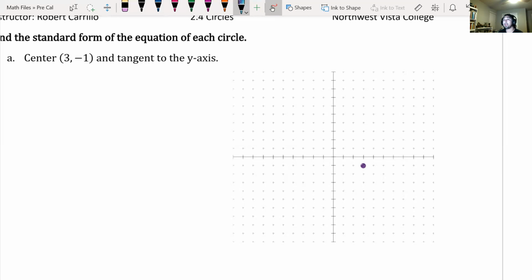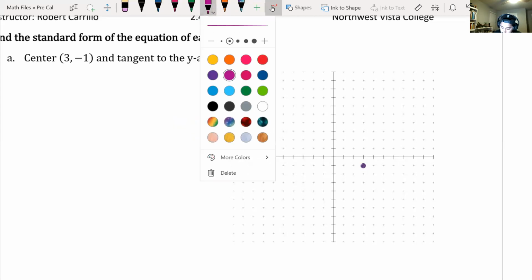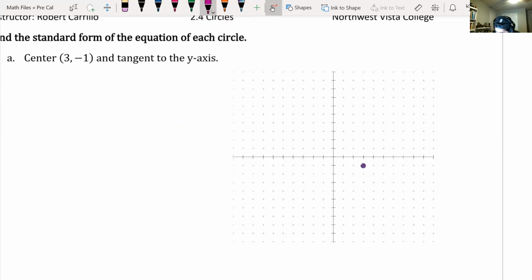So if we are tangent with the y-axis, which maybe I'll draw in purple, here's my y-axis, and our circle is tangent with it.